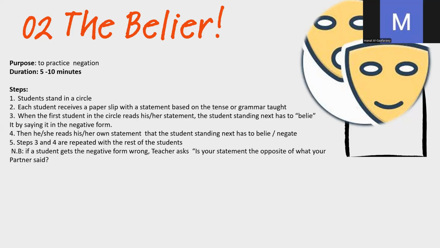Each student receives a paper slip with a statement based on the tense or grammar taught. Then, when the first student in the circle reads his or her statement, the student standing next has to belie the statement by saying it in the negative form. And by the way, belie means to falsify or to say that something is not true.